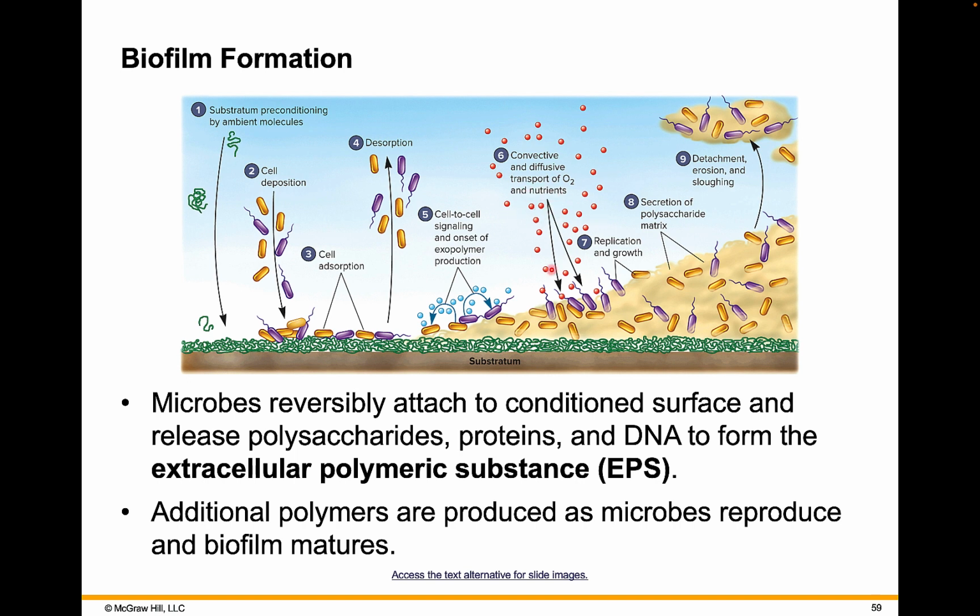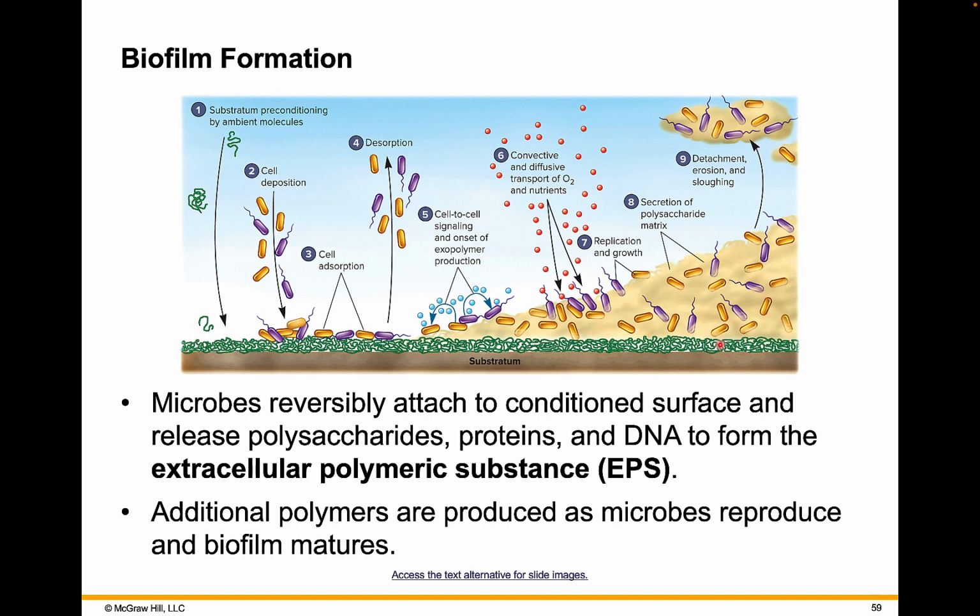The convective and diffusive transfer of O2 and nutrients takes place. Many portions of this EPS matrix can be detached, eroded, or by sloughing, can move around into a different area and be deposited. So this is essentially how biofilms are formed.